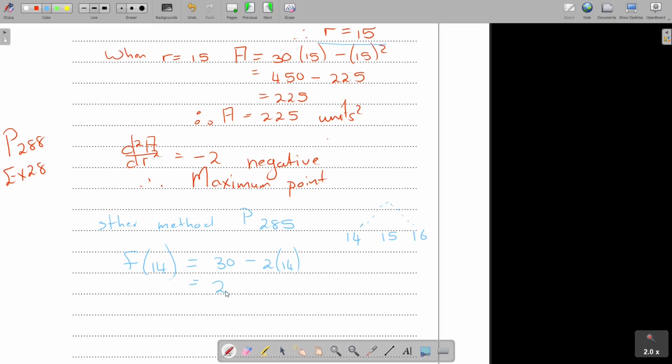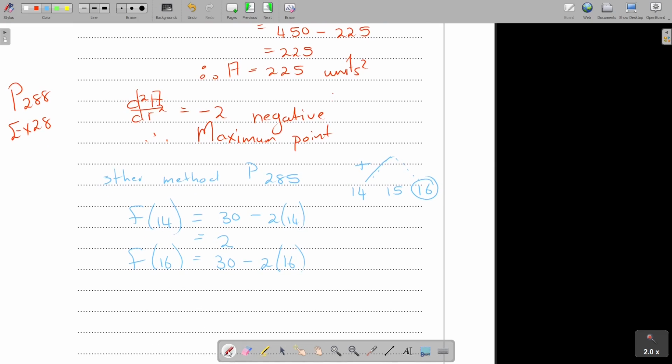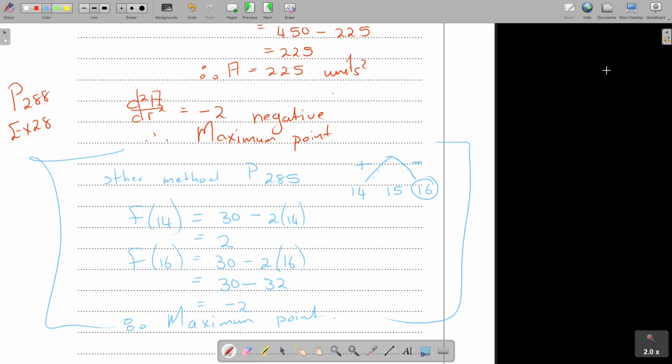So it's first positive. If you substitute the point after, it's 30 minus 2 times 16, which is 30 minus 32, so negative 2. Then it's negative, and therefore also a maximum point. It doesn't matter what method. Please don't do both. It's just because this one didn't give you a variable that I was showing you that you could have tested.